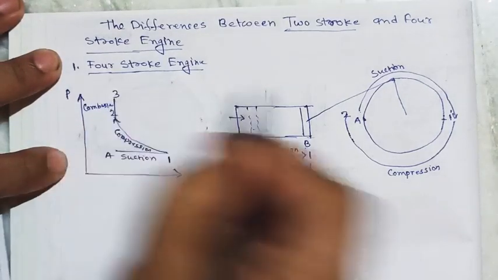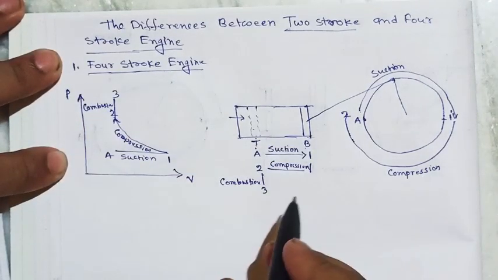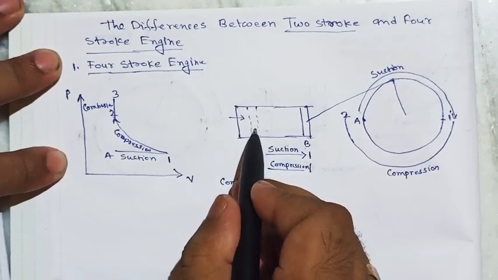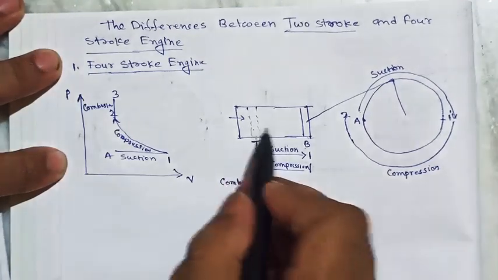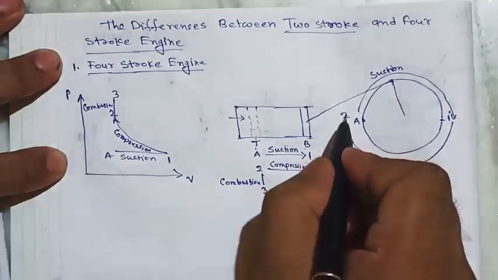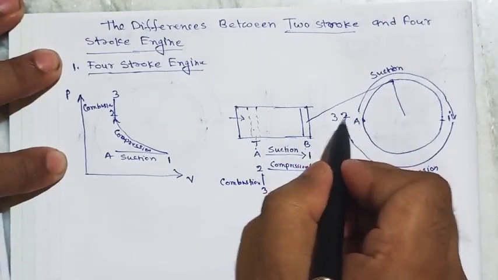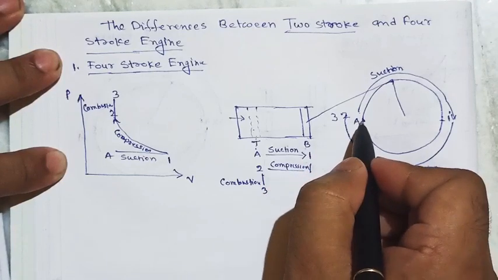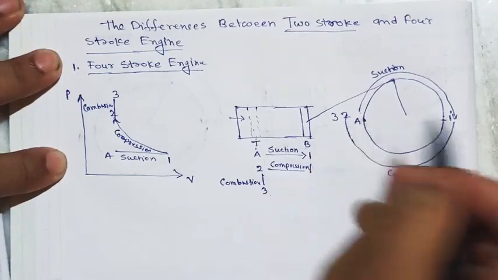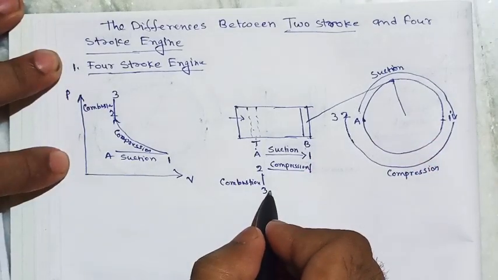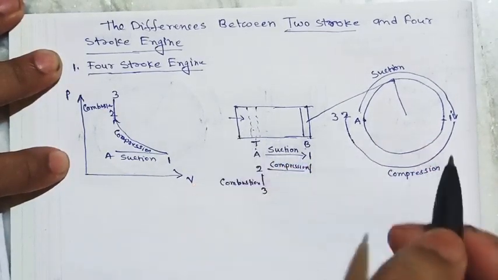In this 2 to 3 process, the piston is at the same point, not moving. As the piston is not moving, the 3 point is the same point, that is 2 and 3 point of the crank will be the same point. After that, the piston will move due to the combustion.